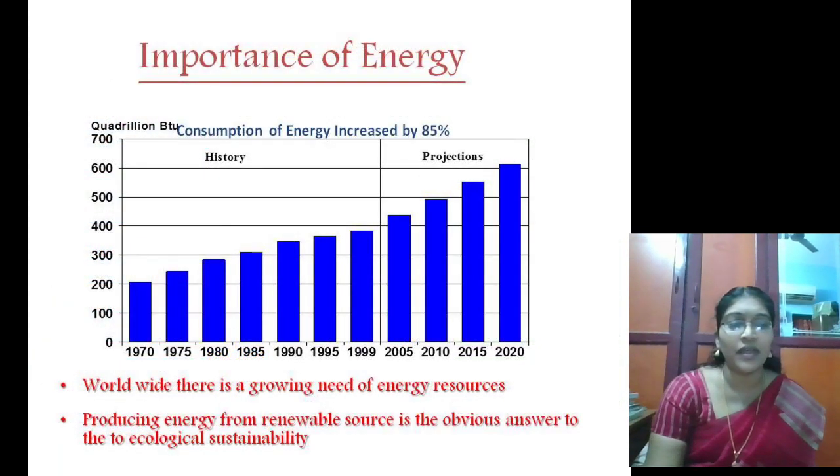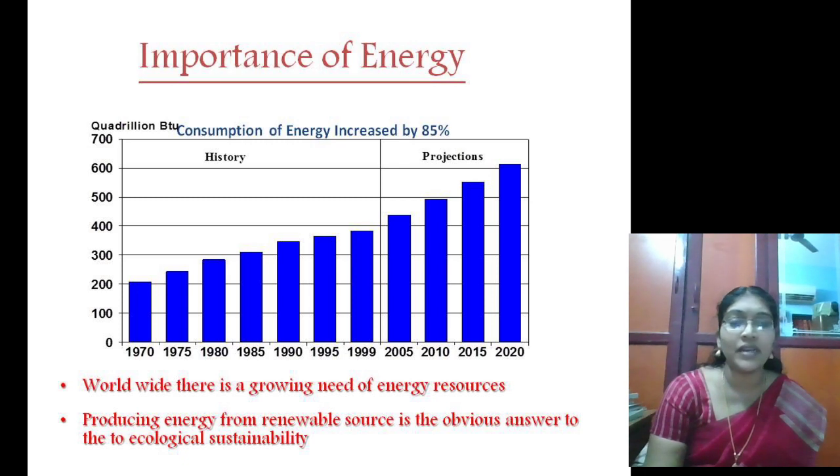So this graph shows the importance of energy. As we all know, energy is the indicator of the currency of civilization, and it is directly related to the development of any nation, because worldwide there is a growing need of energy resources.